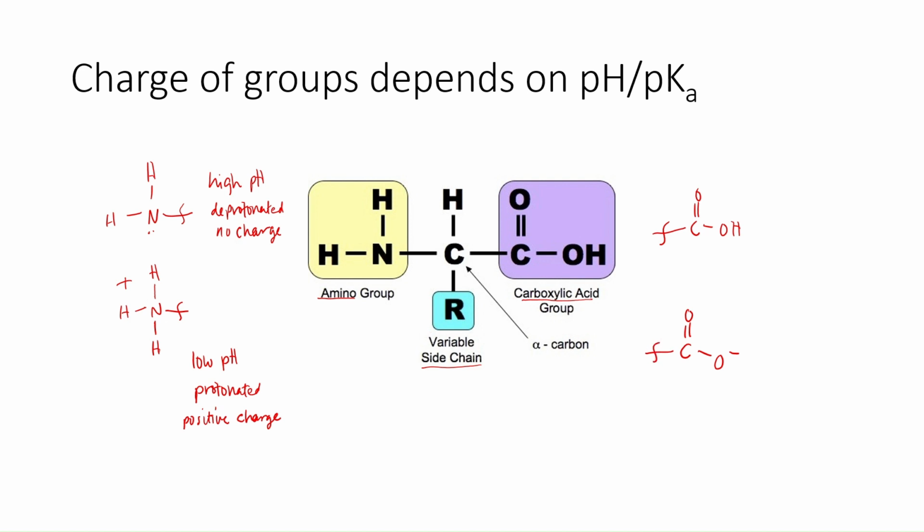The carboxylate form is deprotonated, which you would see at a high pH where there are fewer protons in the environment, versus the one drawn on the top, which you would see at a low pH. This is the protonated form, and in this case, the protonated form is not charged, and the deprotonated form is charged.